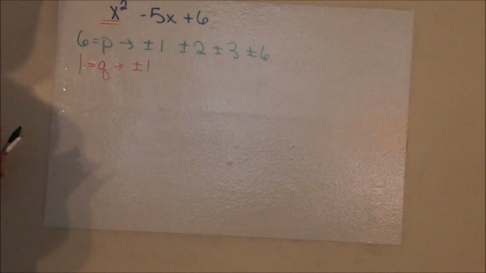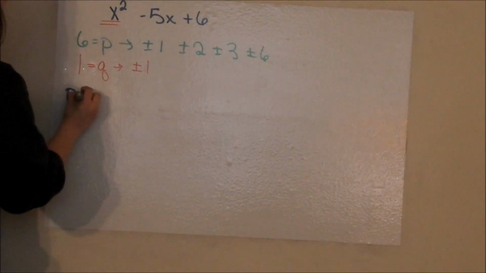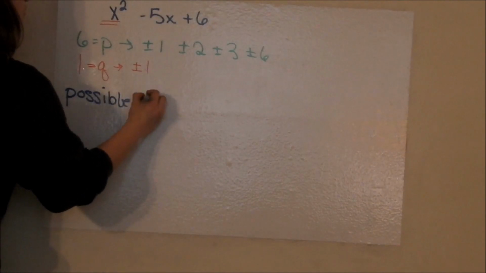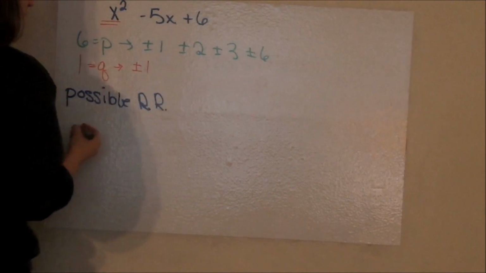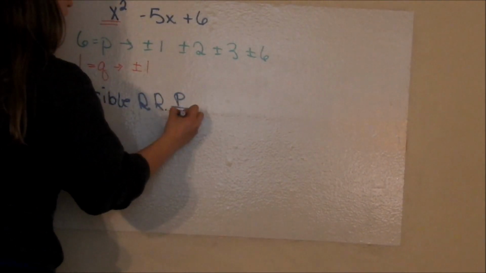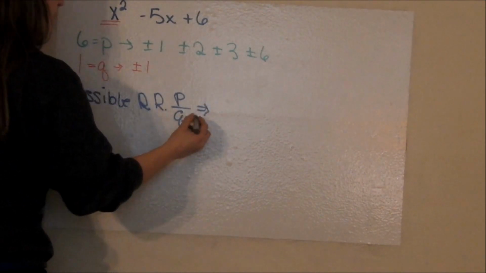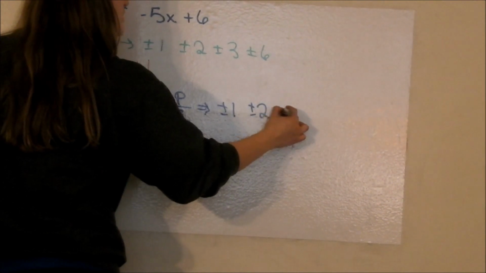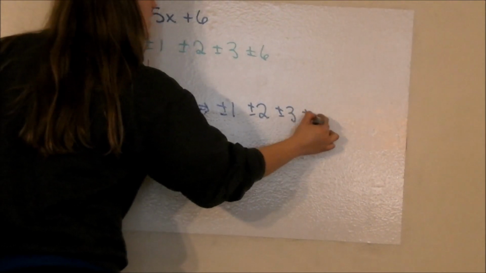Okay, so then to find P over Q, our possible rational roots, we have P divided by Q, and we have plus or minus 1, plus or minus 2, plus or minus 3, plus or minus 6.